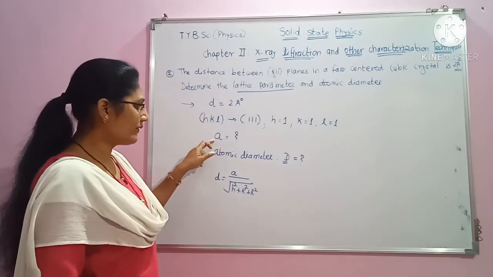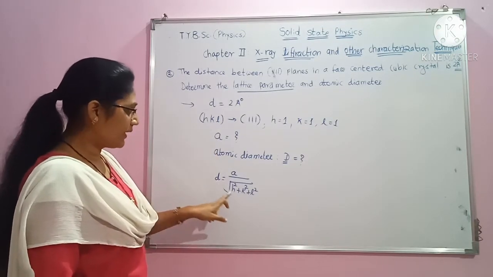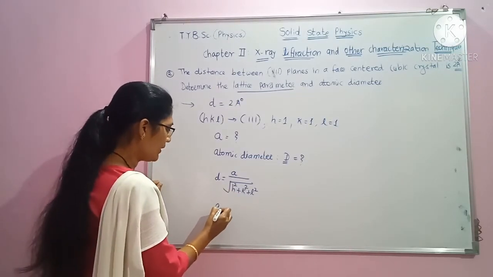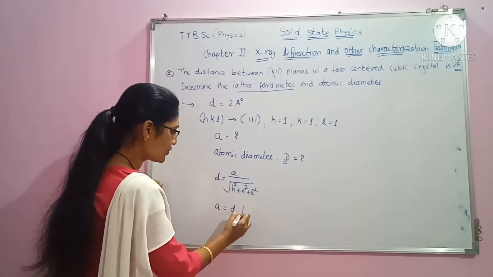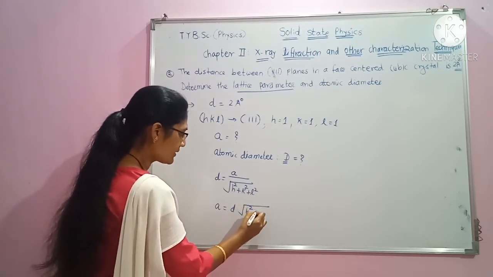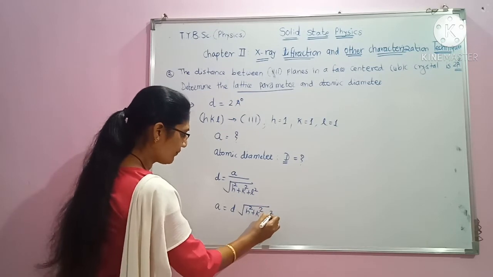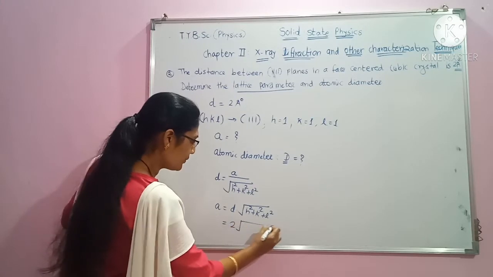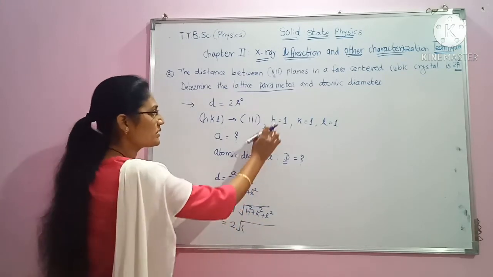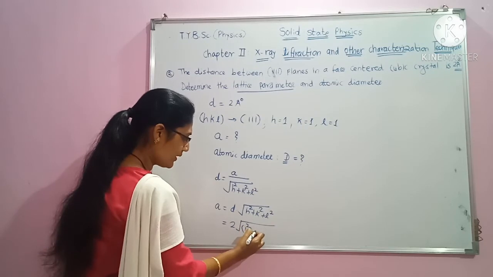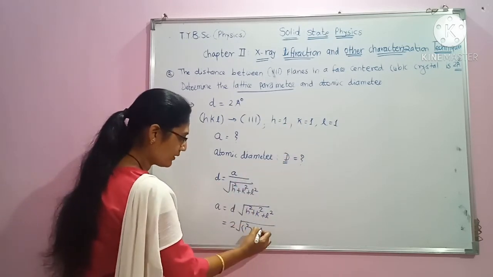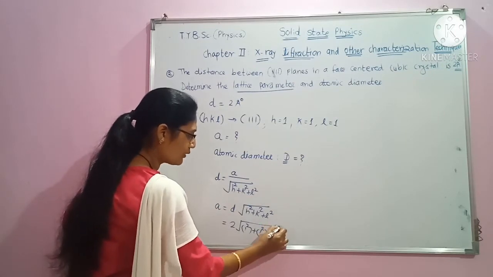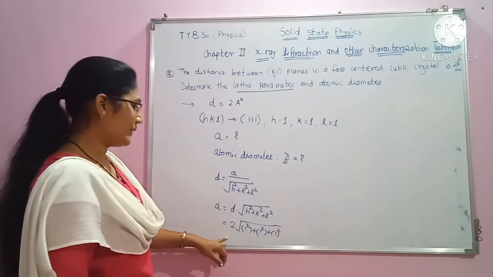Because we have to calculate the value of A, and D and the HKL planes are given, A will become D into square root of H square plus K square plus L square. So the value of D is given as 2 angstrom into bracket, H square means 1 square, plus K square means 1 square, plus L square means 1 square, because their values are given for the 1, 1, 1 plane.